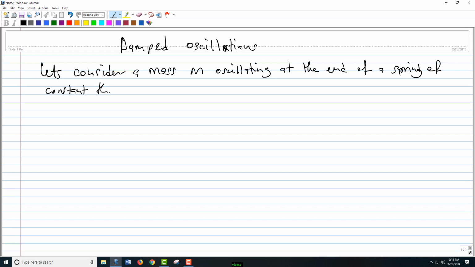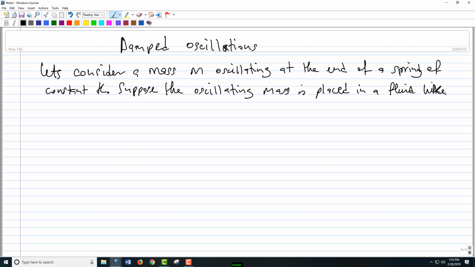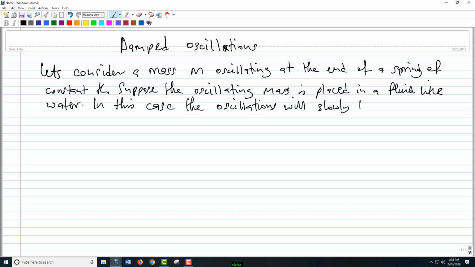Suppose we place the mass in a fluid, like water. We'll place the mass in the water as it's oscillating, and so in this case, the oscillations will slowly decay and come to a stop.